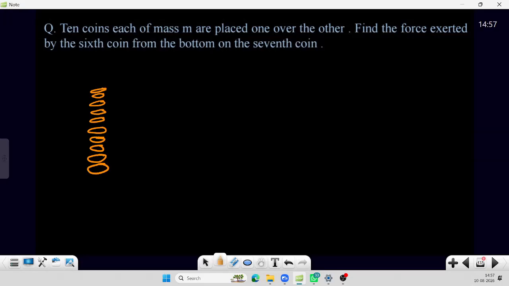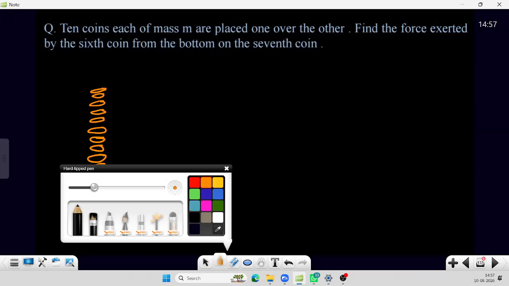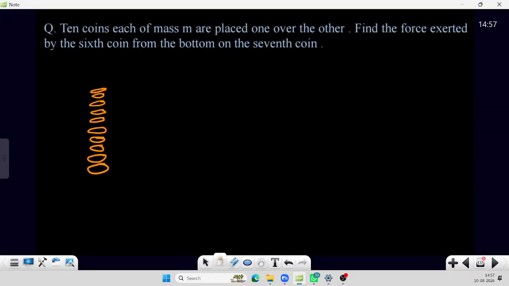So what are they asking here? The force exerted by the sixth coin from the bottom on the seventh. From the bottom, we need to count it. So this is 1, 2, 3, 4, 5, 6. Okay, this is the sixth. This is the seventh coin.